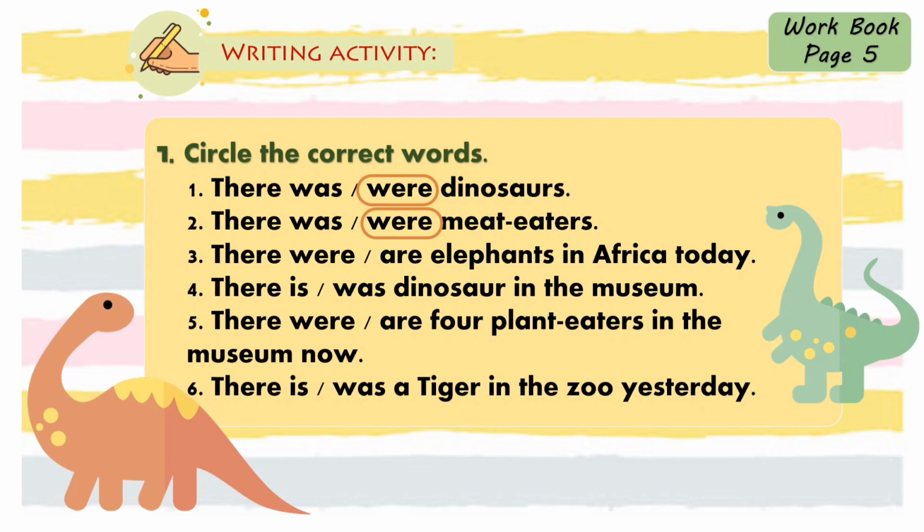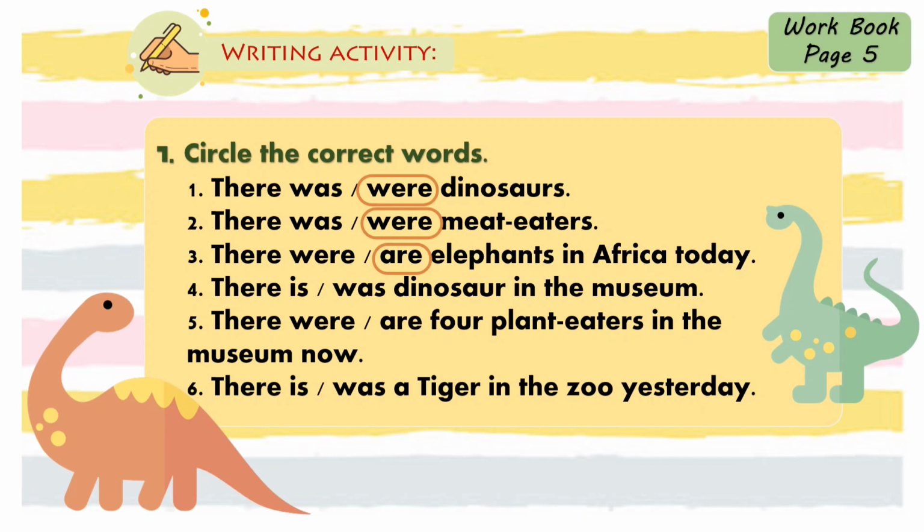Number 3, there were or are elephants in Africa today. The answer is are. Correct. Number 4, there is or was dinosaur in the museum.